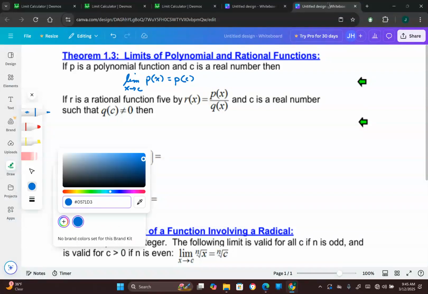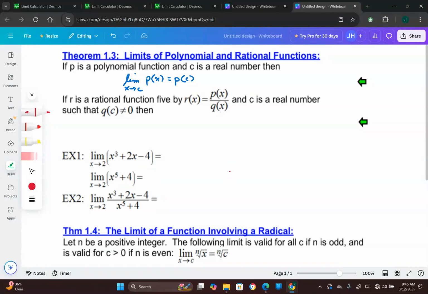Now, what happens if I do a rational expression? Well, a rational function is given by p of x over q of x, and p of x and q of x are both polynomials. Sorry about my typo here. This should be given by.